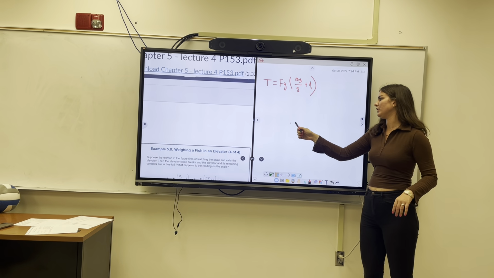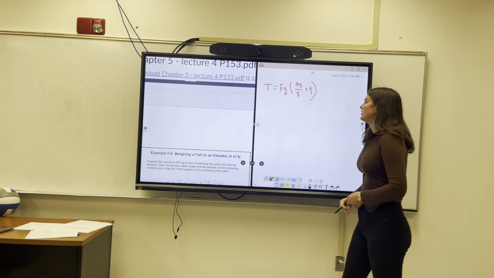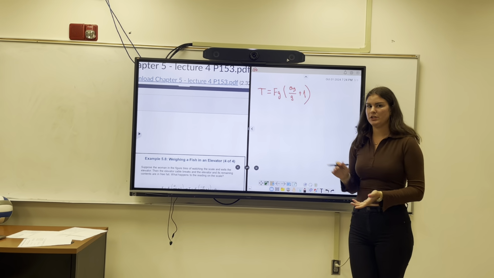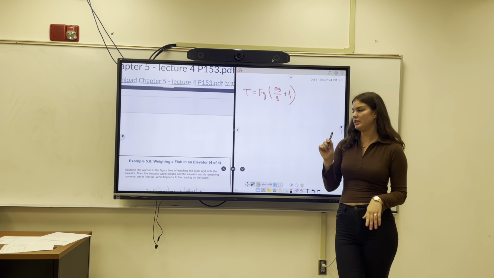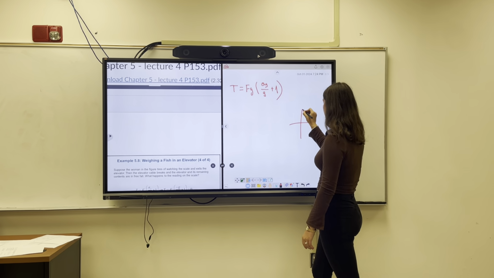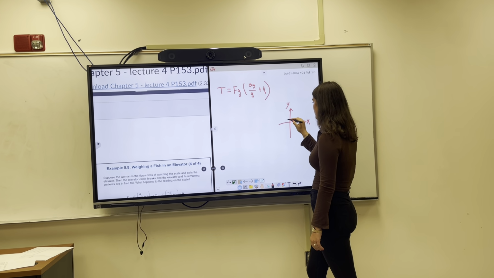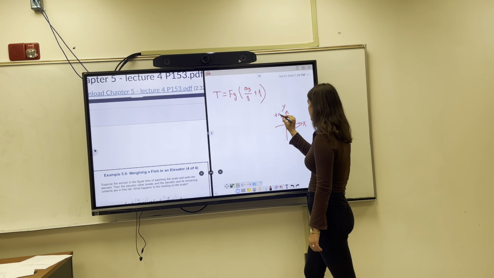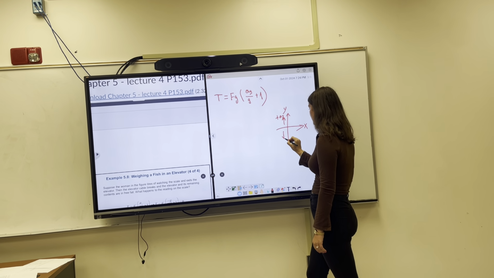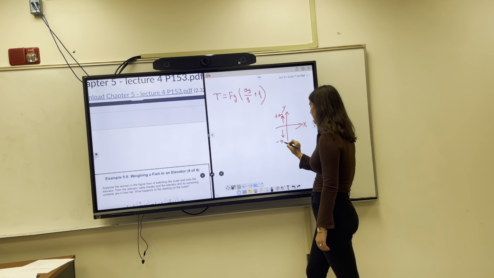This is the formula that we are still using. So what is ay in this situation? Let's talk about the y-axis and x-axis. The acceleration in this direction is positive ay. This is the negative direction, negative ay.